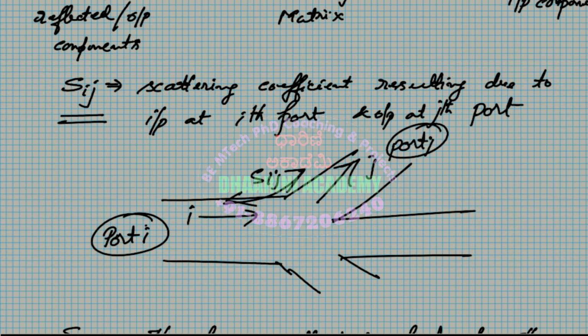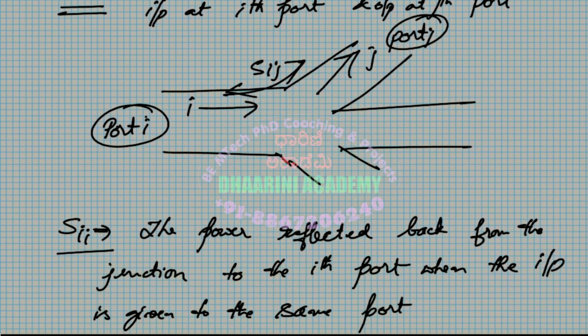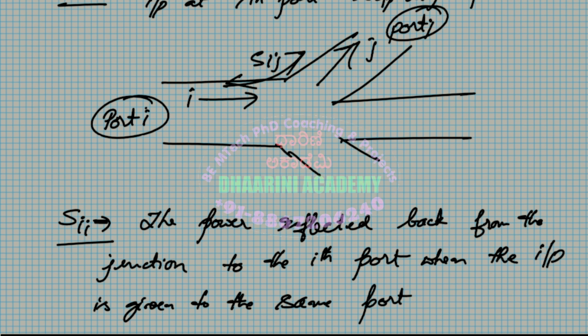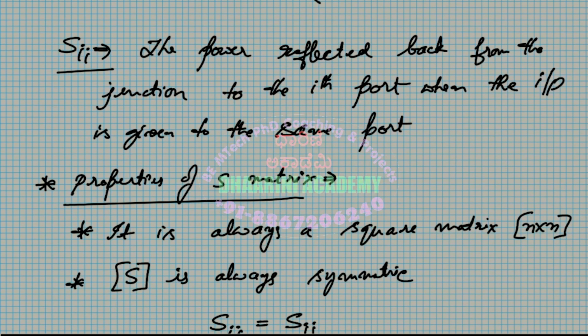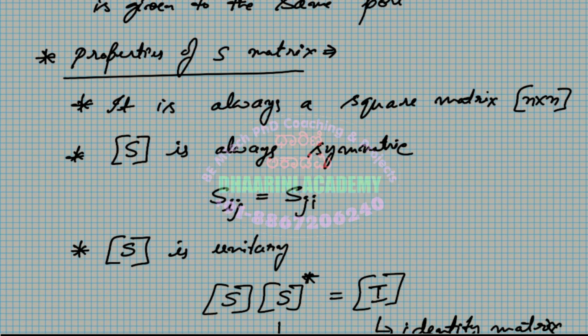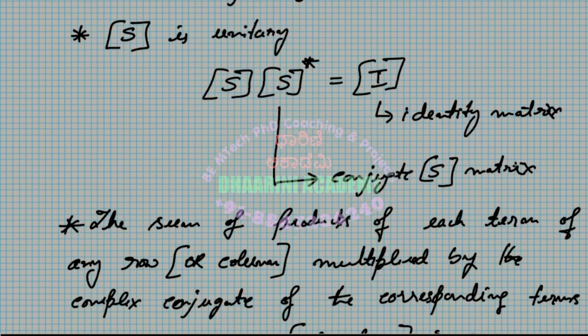The port where we give the input is port I, and wherever we take out the power is port J. The energy that propagates from I to J is represented by the S parameter, and all the S parameters together in matrix form are called the scattering matrix.